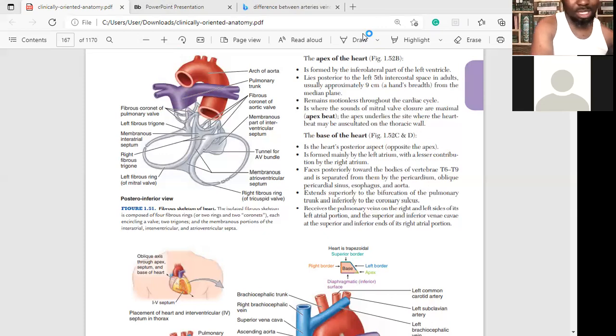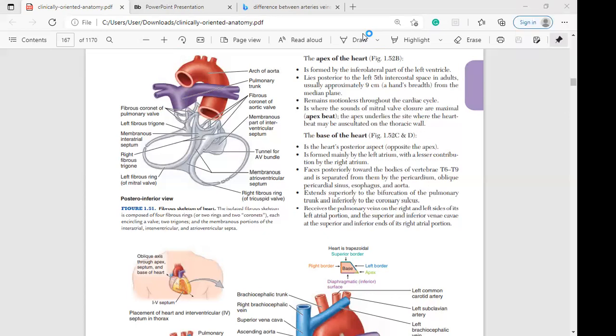Okay, so that is where your apex beat is. But I think in anatomy they might not ask you to auscultate, but in physiology they will ask you to auscultate, and you need to know where the apex beat is.